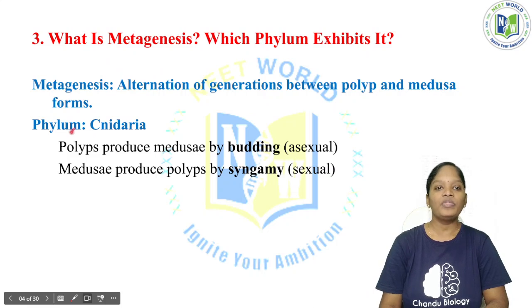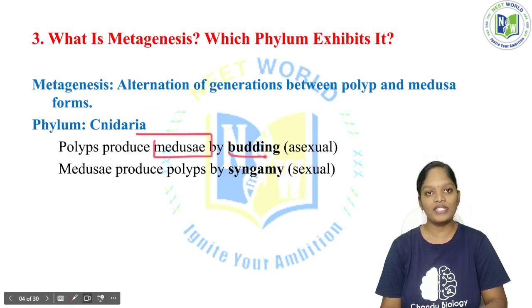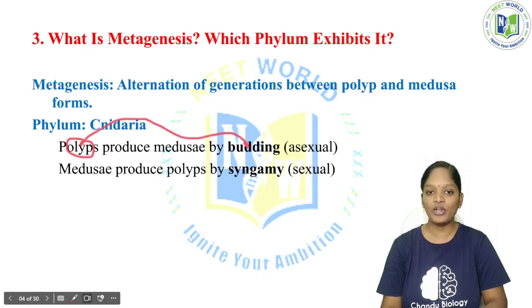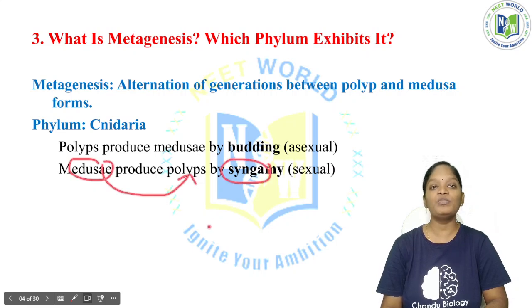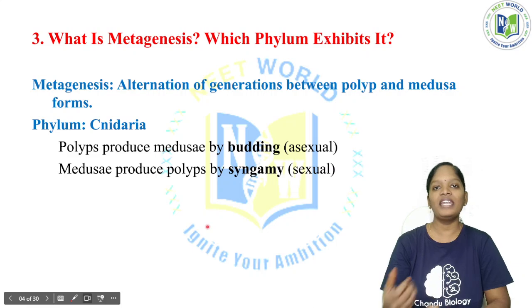Now this phylum is Cnidaria. The polyp produces medusa by budding. Just now we have studied that the polyp, by asexual reproduction, specifically budding, produces a medusa, right? Now the medusa produces a polyp through syngamy, which means fusion of the male gamete and the female gamete.